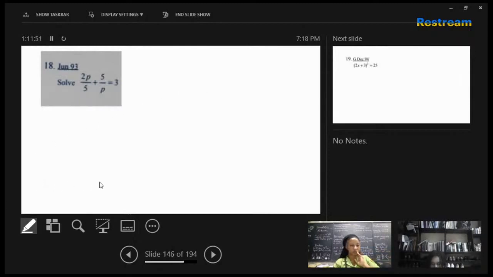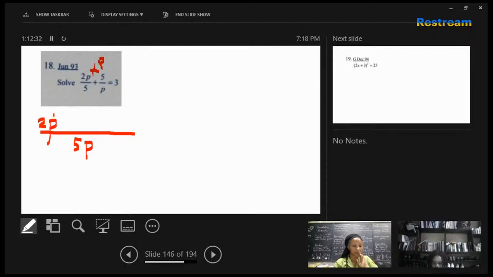Okay. So we're going to find the lowest common multiple, which will be 5p and 2p. 5 into 5p goes p times, and 2p times p is 2p squared.